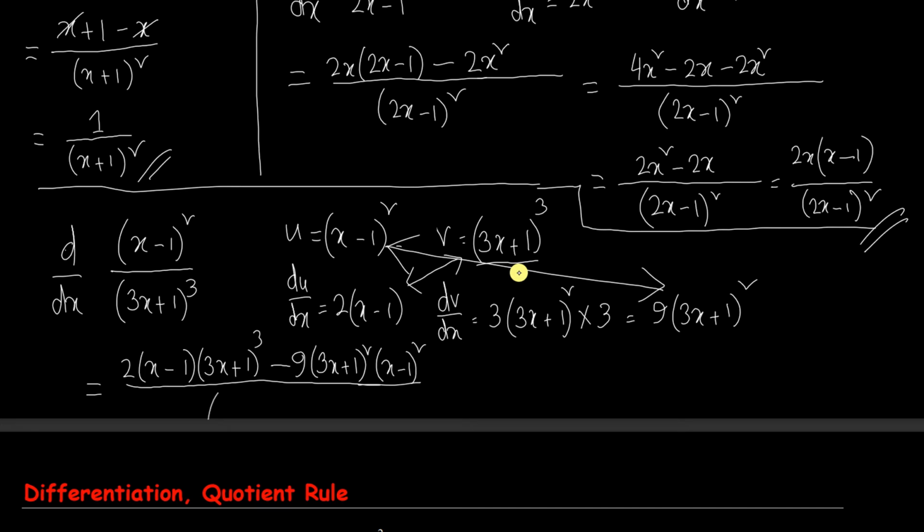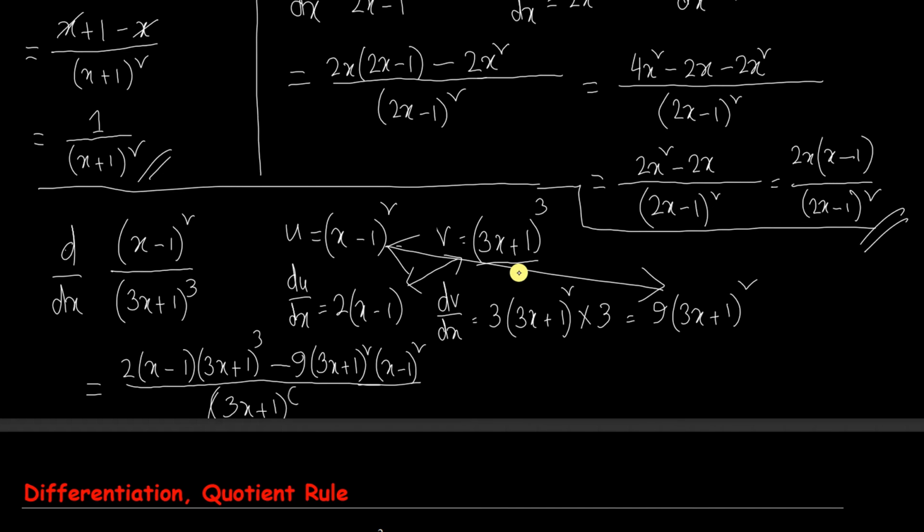As a denominator we write (3x plus 1) to the power 3, squared, that is power 6.